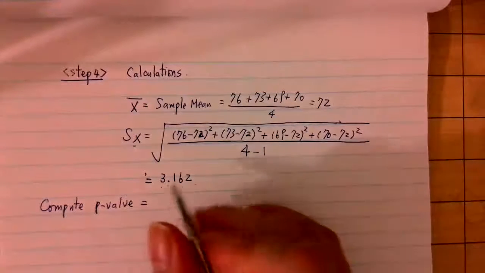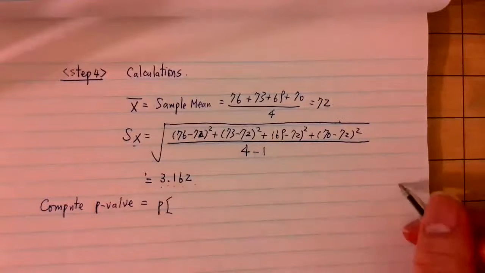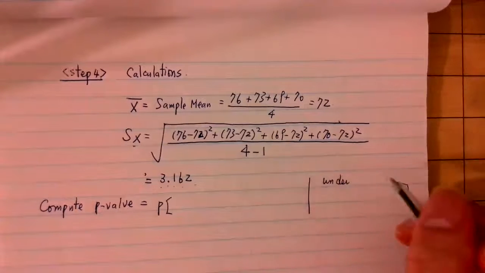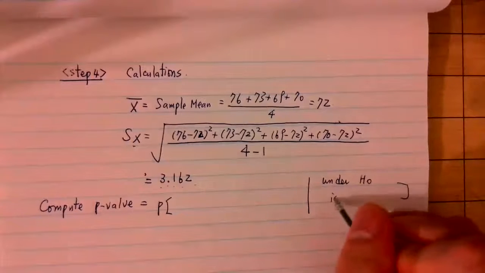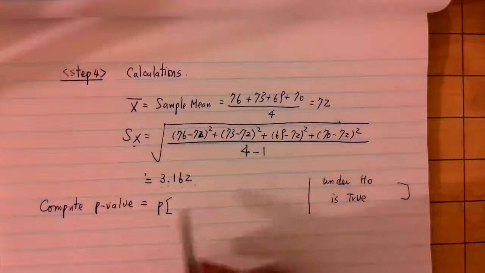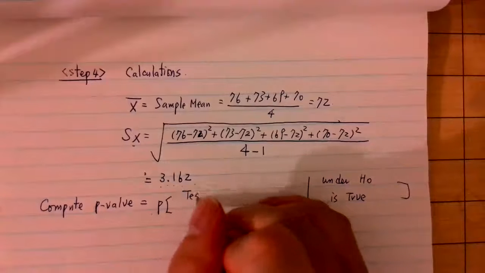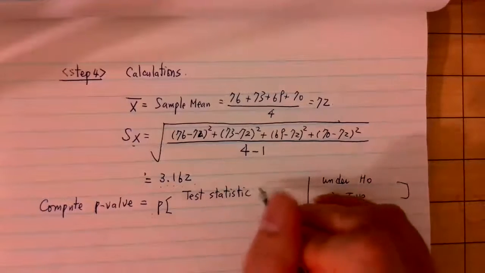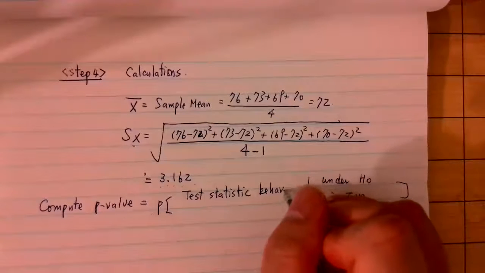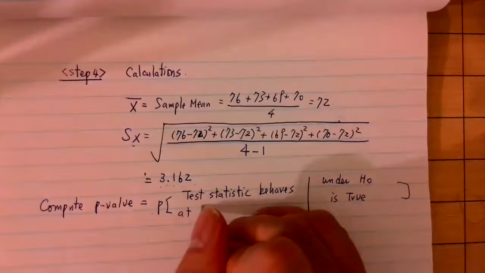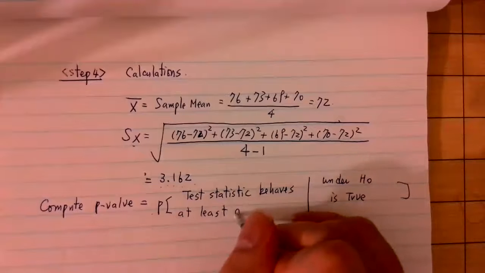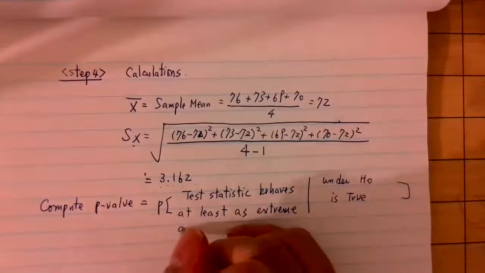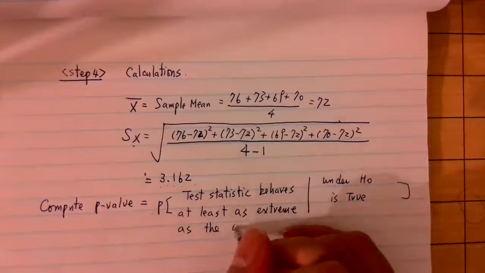Next, we want to compute the p-value. And what's the p-value? By the definition, the p-value is, under the assumption that H naught is true, how likely the test statistic behaves at least as extreme as the observed value.